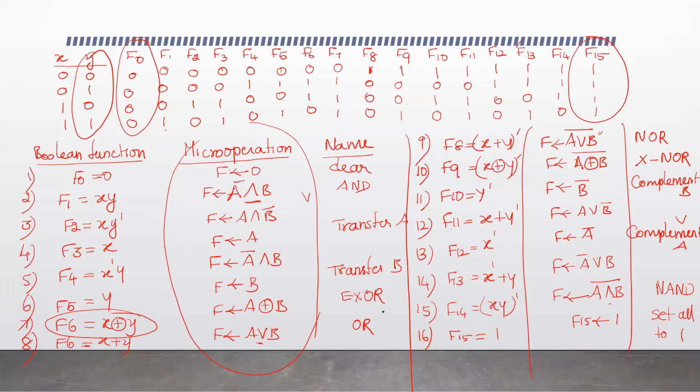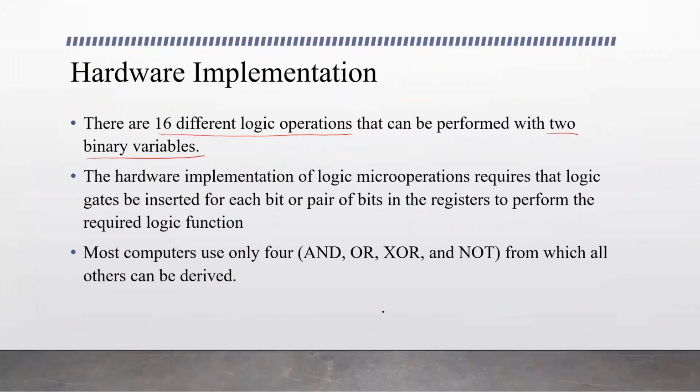For the hardware implementation of these microoperations, logic gates need to be inserted for each bit or pair of bits in the registers to perform these logic functions. The functions generally performed are AND, OR, XOR and NOT, and the others can be derived.